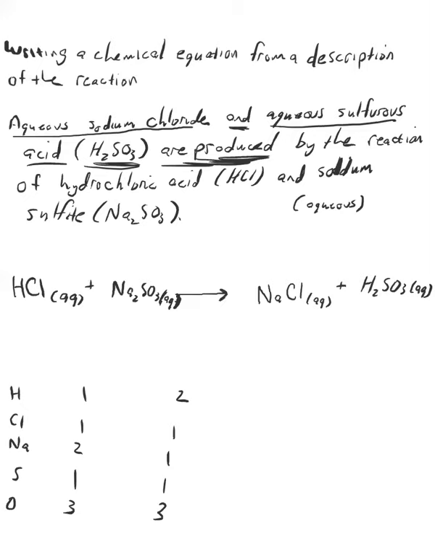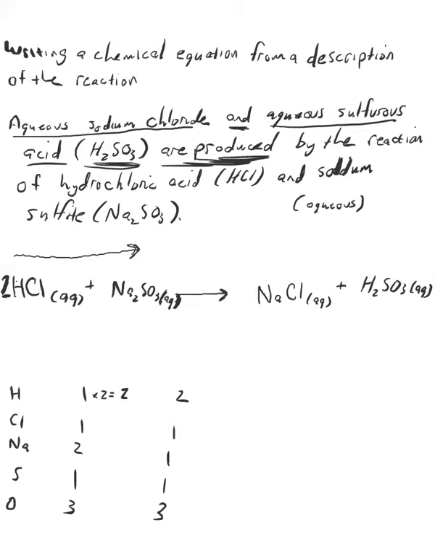When I balance equations, to be honest with you, I just start on the left side and move to the right. That's generally what I do. So I'm going to start with the first element, hydrogen. There's one on the left and two on the right, right? So if we put a 2 here, if the coefficient is a 2, that'll balance the hydrogen.